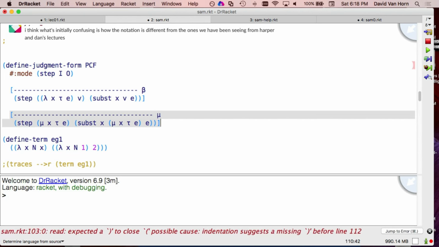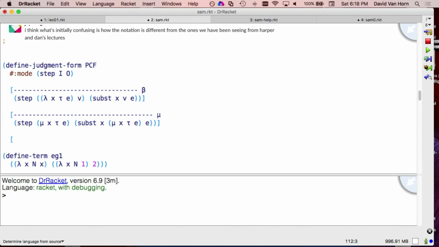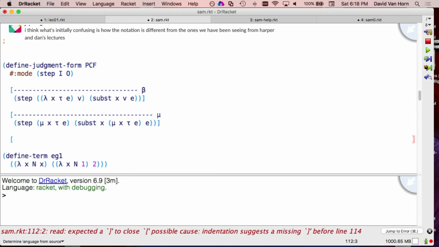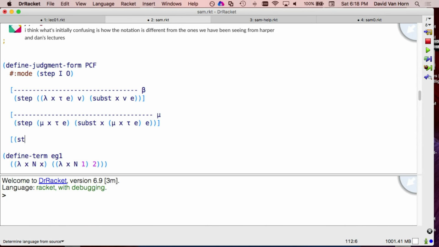I started to fill this out here. So I wrote the case for beta and mu, and then we can have the inductive cases like if.